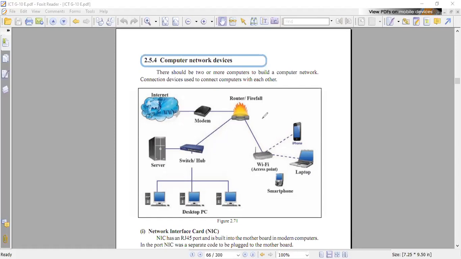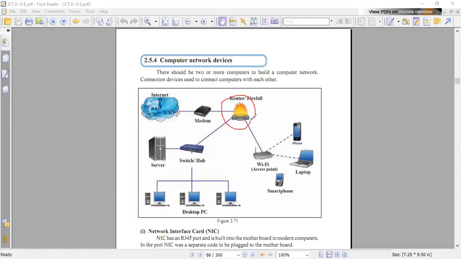Some of the devices are given below. I couldn't tell that firewall part earlier.